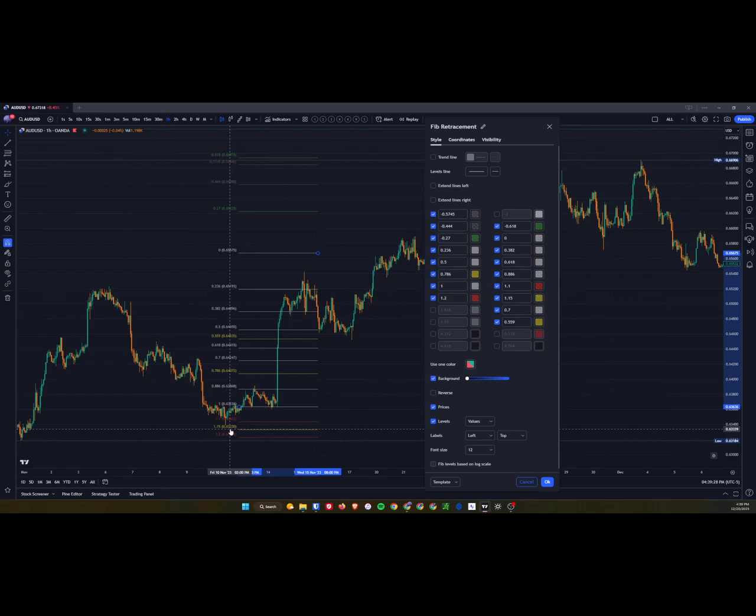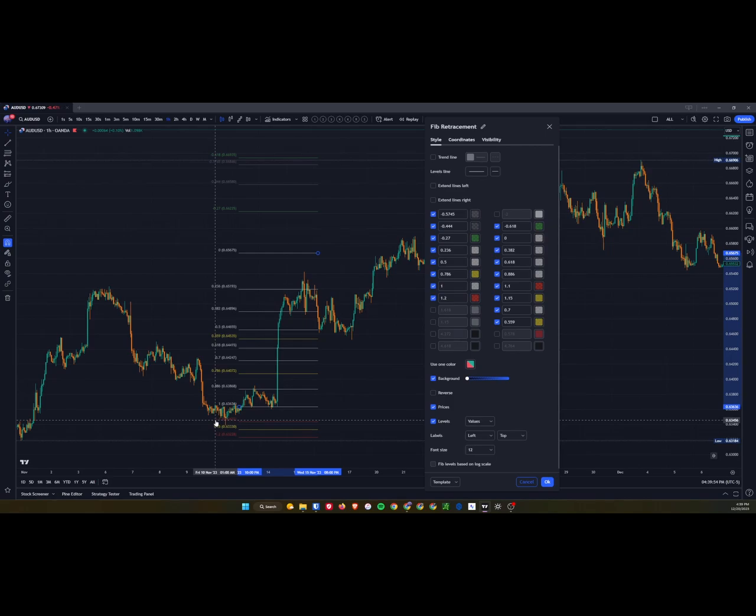So based on how confident I am about a move, I will put the stop loss closer to 1, and if I'm feeling less confident about it, I'll put the stop loss at 1.2, and if I'm just kind of confident about it, I put my level at 1.15.